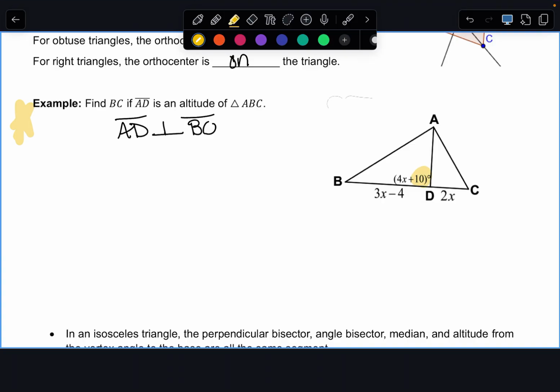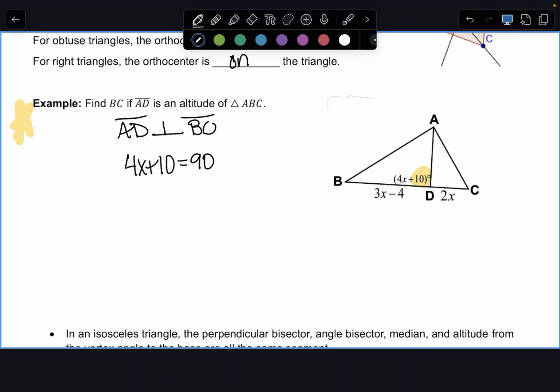A right angle, a 90-degree angle. Okay? So this yellow angle, this 4x plus 10, has to be 90 degrees. So I'm going to set it equal to 90 degrees because it has to be perpendicular. So 4x plus 10 is equal to 90.